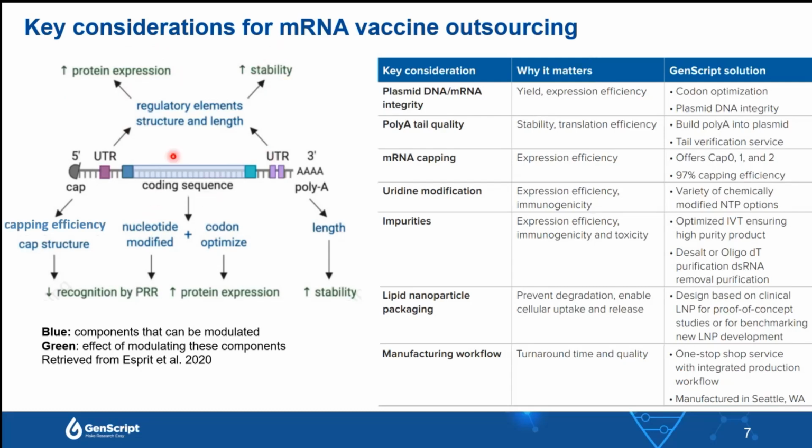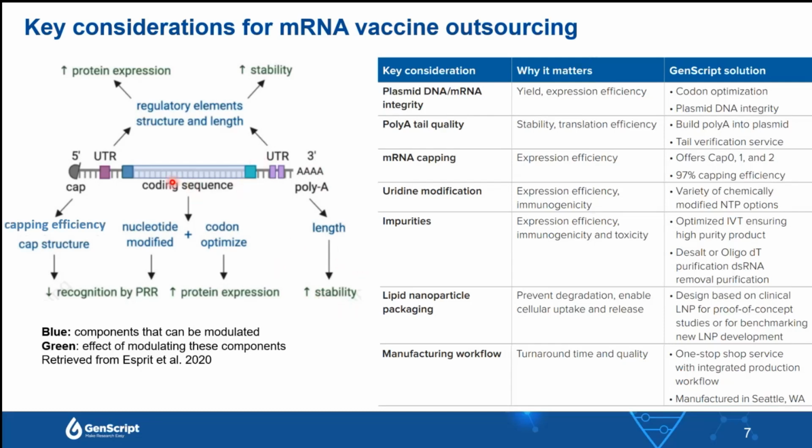For the ORF part, if we modify the nucleotide, it can reduce the recognition by PR. And if we optimize the codon, it can help improve the protein expression. And the length of poly A will affect the stability of mRNA.